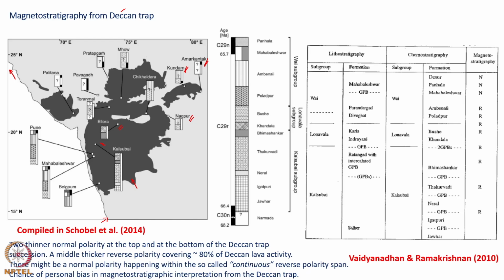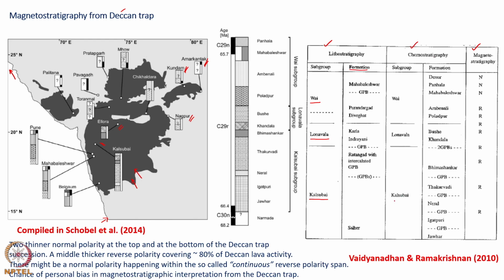Let us focus on the Deccan Trap exposures shown within this map. The lithostratigraphy, the chemostratigraphy and the magnetostratigraphy of the Deccan Trap is presented. Lithostratigraphically, there are Kalsubai subgroup, Lonavala subgroup and Wai subgroup, which are further divided into several formations.